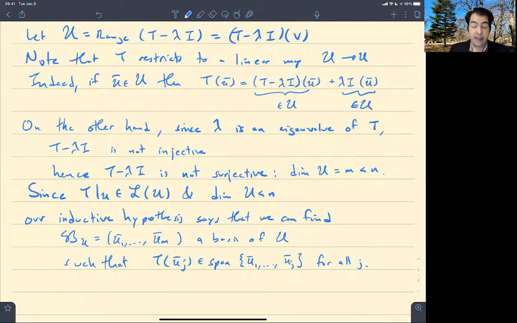Because as we saw, that's what you need from a basis in order for the associated matrix to be upper triangular.